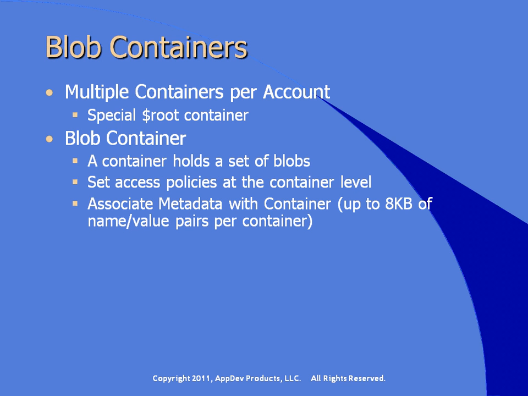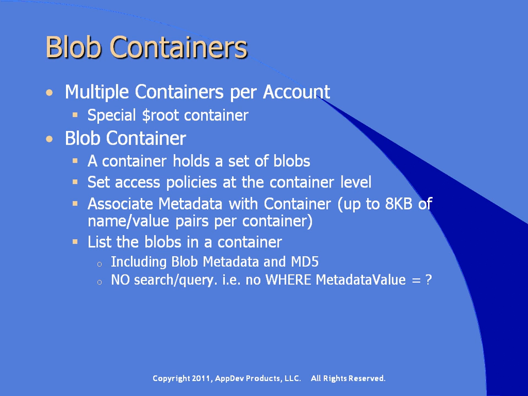You can also associate metadata with a container, up to 8 kilobytes of named value pairs per container. When working with containers, you can list the blobs within a container, including the blob metadata. However, you cannot search or query against the metadata of a container or blob. For example, you cannot select metadata where metadata value equals some value.